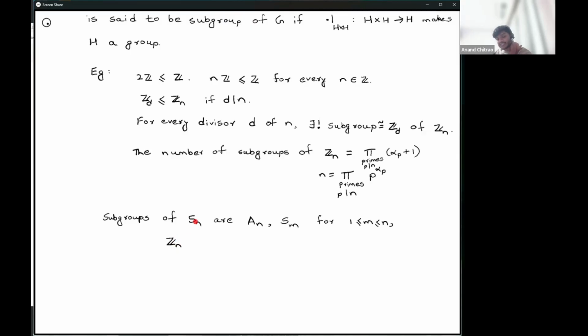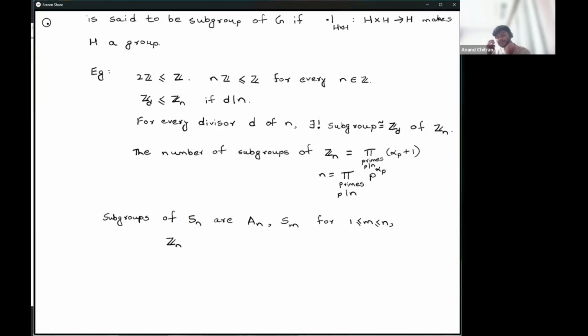Now there are some questions which appeared in the past question papers, I think. They give you some fixed value of n, like S5, and then they'll ask you, is there a copy of Z6 inside S5?